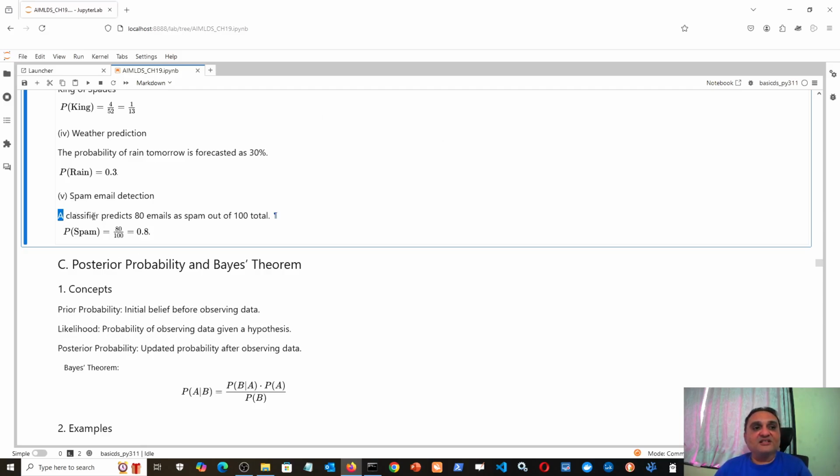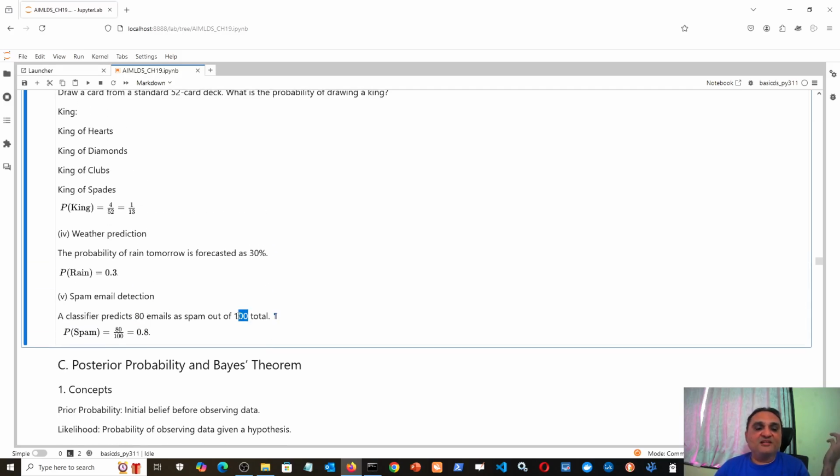So suppose there is one such classifier, and there are actually 100 total spam emails coming to the server, and it detects 80 correctly as spam. That means it misses 20 which were also spam, and it allows them to go into the inbox. So what is the probability that this classifier will predict a spam correctly? It will be favorable events, 80, divided by all possible events, 100, right?